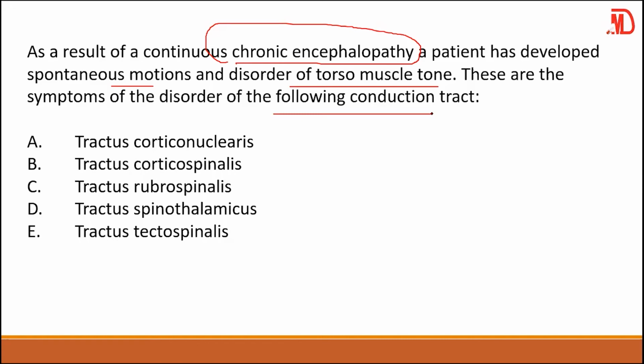First of all, there's a chronic problem in the brain, isn't it? But here we're talking about spontaneous motions and a disorder of the torso muscle tone. And usually, we are going to be dealing with what? The red nucleus.